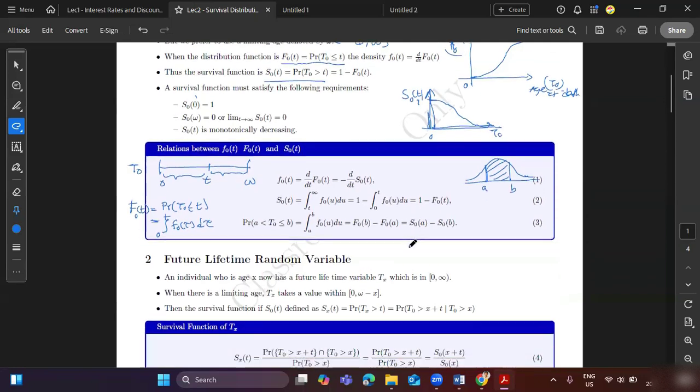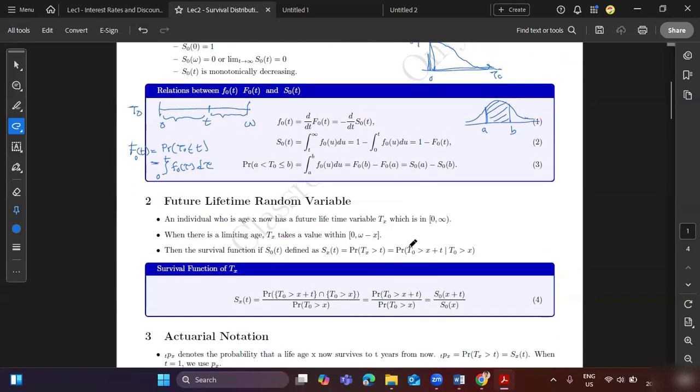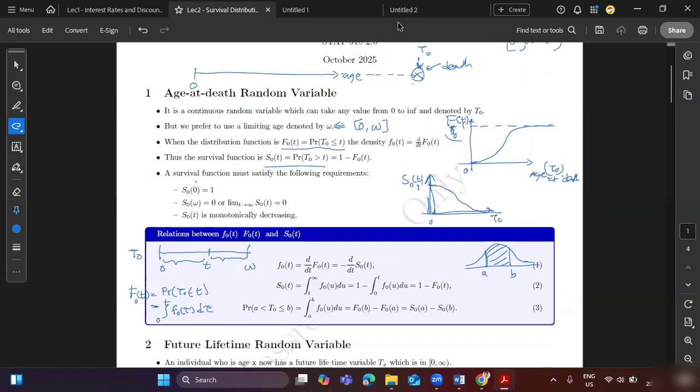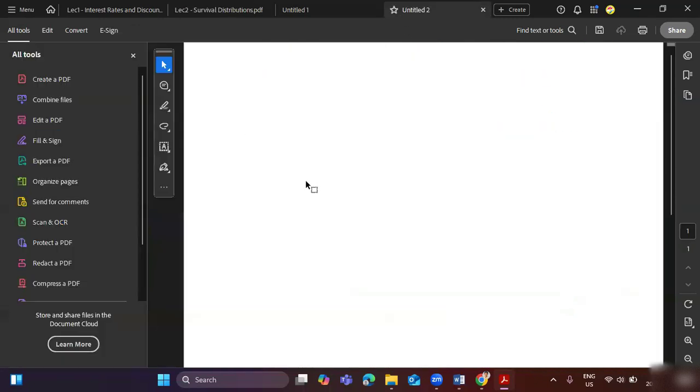Now, I can give a quick example for this one.